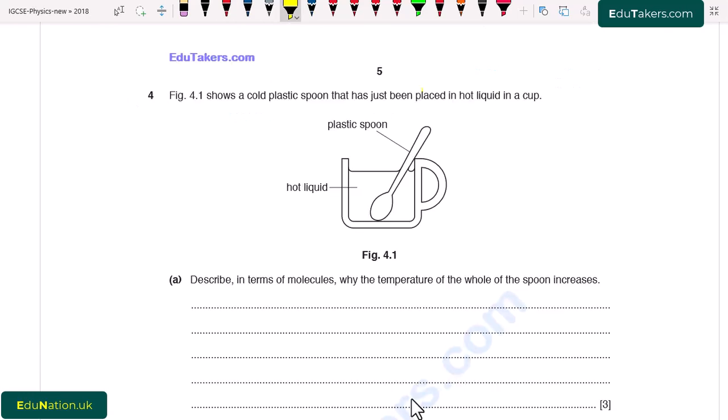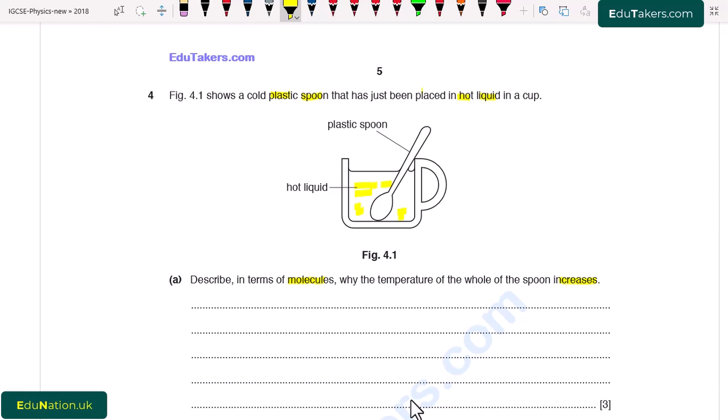Number 4. Figure 4.1 shows a cooled plastic spoon that has just been placed in a hot liquid in a cup. Here is the figure 4.1, and here is a hot liquid in this cup, in which we place a cooled plastic spoon. Part A: describe in terms of molecules why the temperature of the whole of the spoon increases.